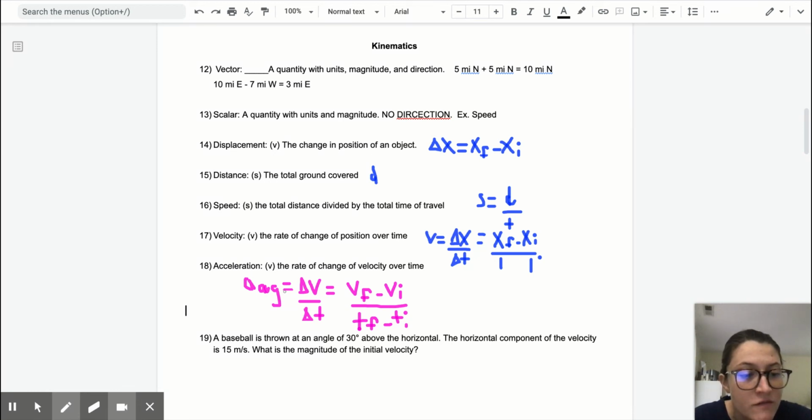Our change in velocity can be calculated by taking the final velocity of the object, subtracting the initial velocity of the object, and dividing by the time interval it takes for that velocity to either increase or decrease. And that gives us the average acceleration rate, which again, the units are meters per second per second.